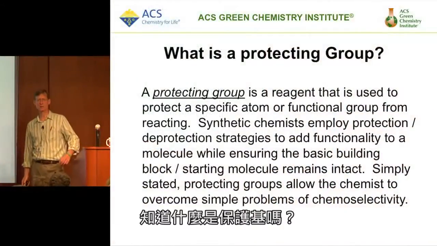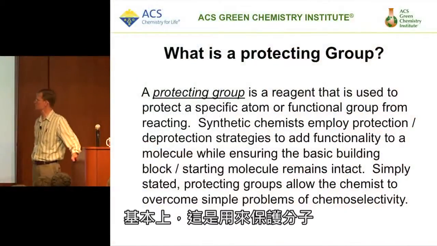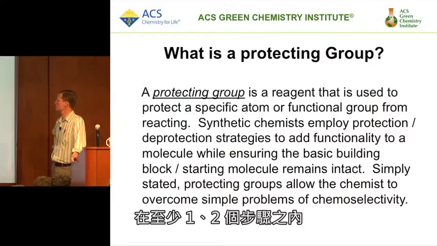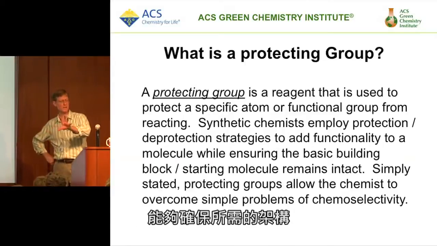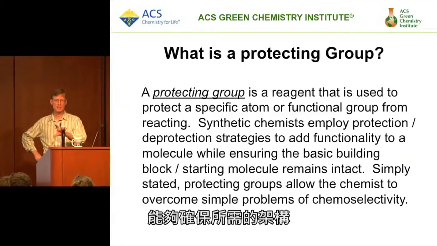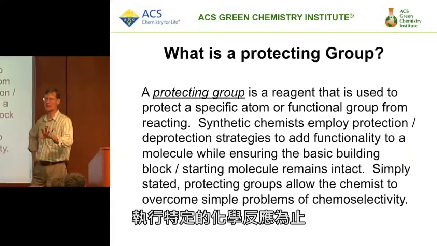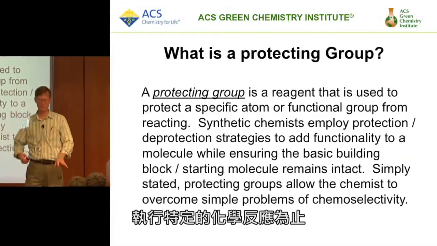So you know what a protecting group is. Basically, we're just trying to protect the molecule and ensure that the framework that we're interested in is maintained, at least for a step or two, until we can do a different kind of chemistry on that particular functional group.